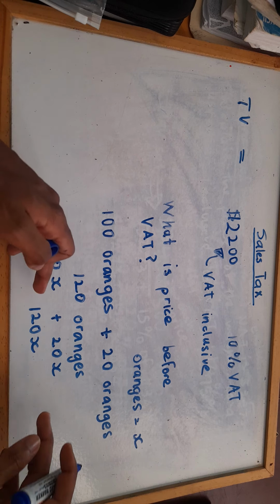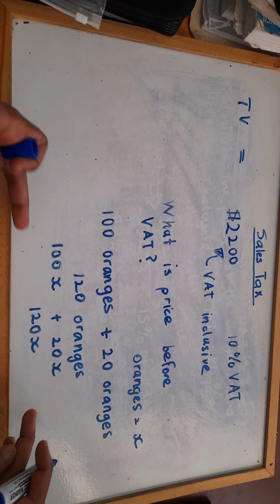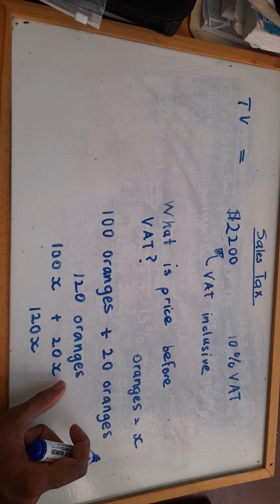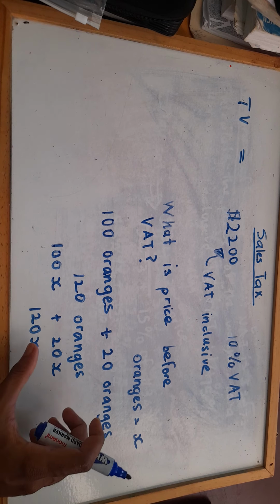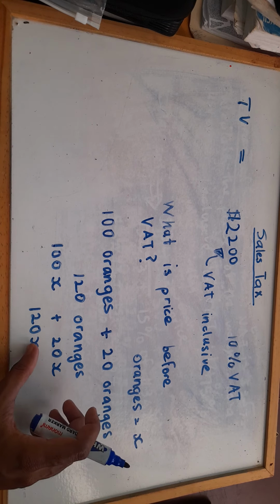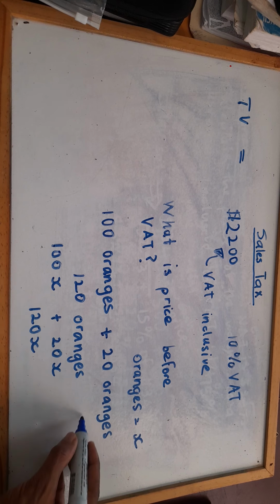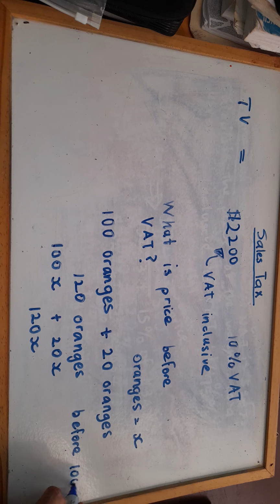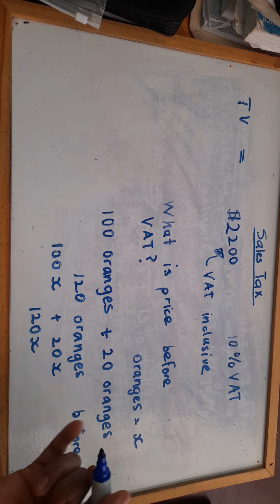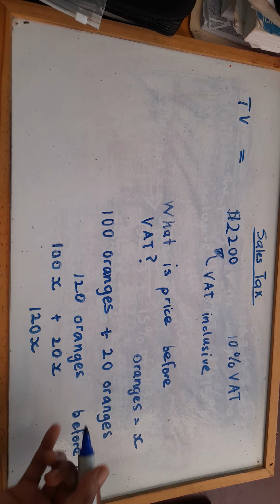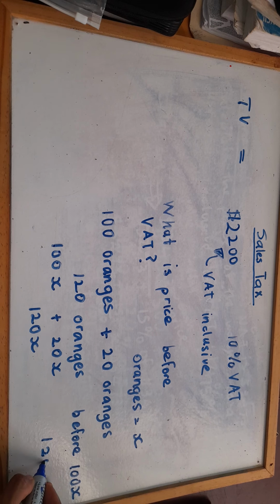Because it's the same thing we're dealing with, oranges x, 20 of the orange x, we add together, and we now have 120x. Before was 100x, 100 oranges. After we added on what we increased it by, we now have 120x.